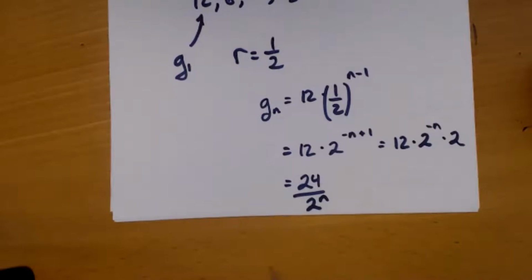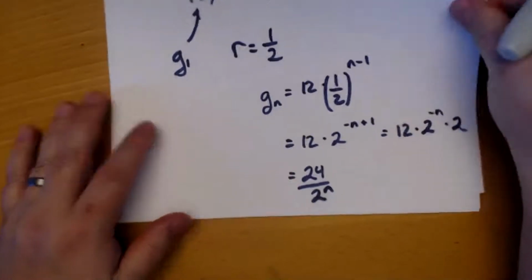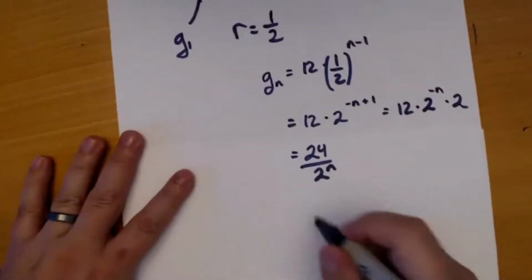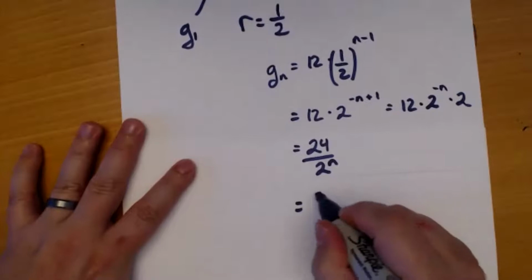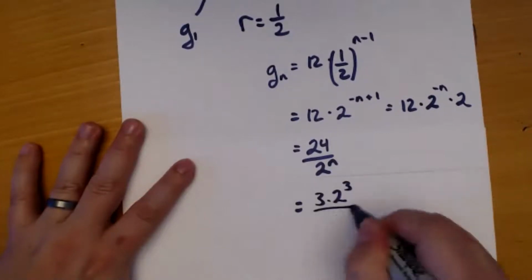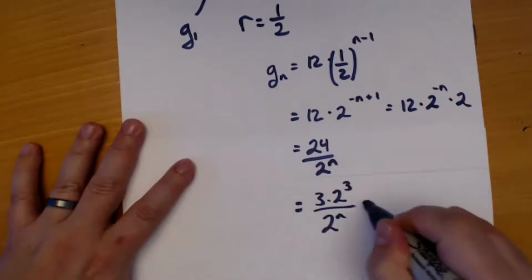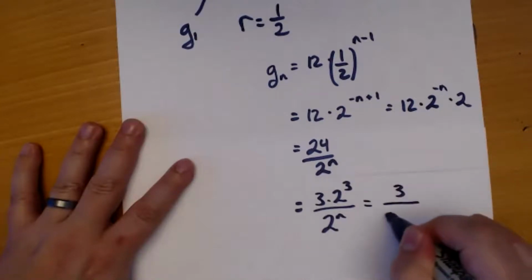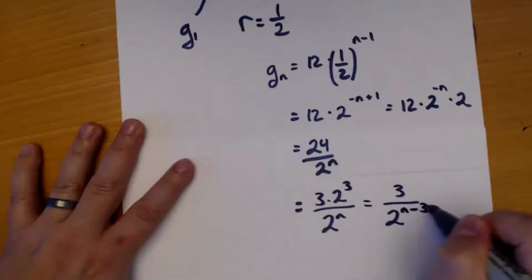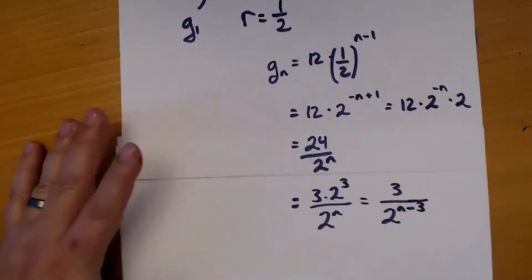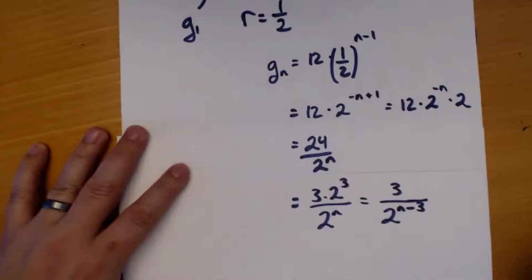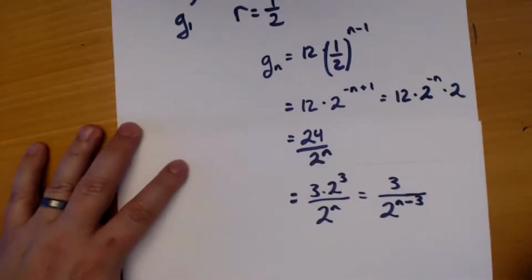You could write it like that. That's one way of writing it. Another way of writing it is realizing that this is 3 times 2 to the third. You could write it like that.